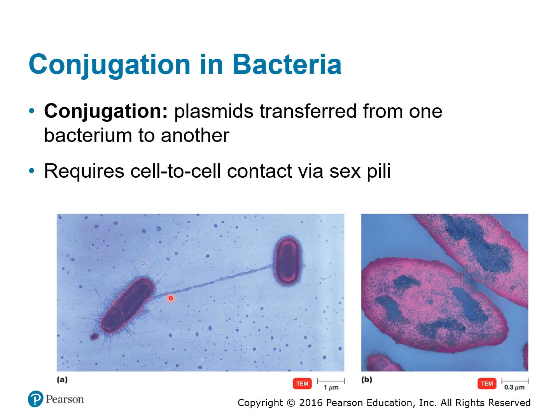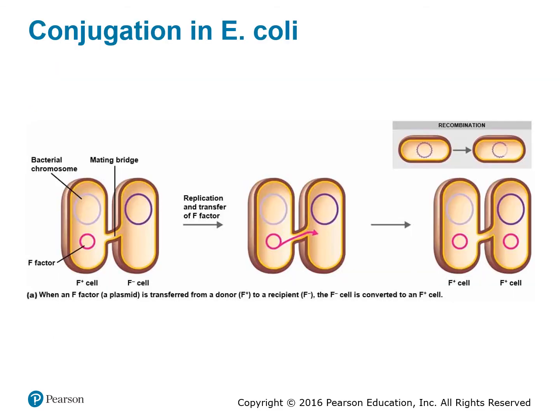And again, this is really important because this is how bacteria can end up with new genetic information that they didn't have before. You can see right here an example of the conjugation taking place, for example, in E.